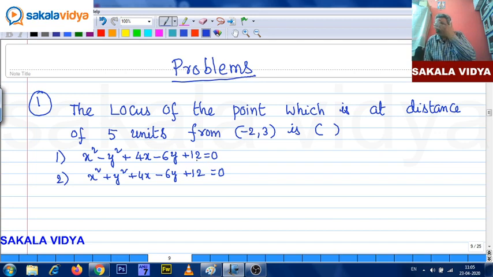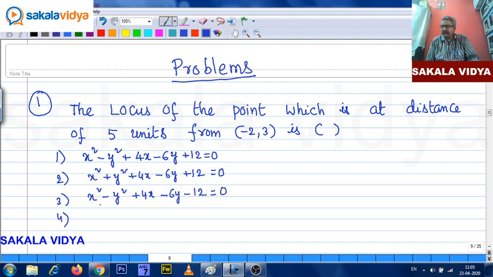Third one, x square minus y square plus 4x minus 6y minus 12 is equal to 0.